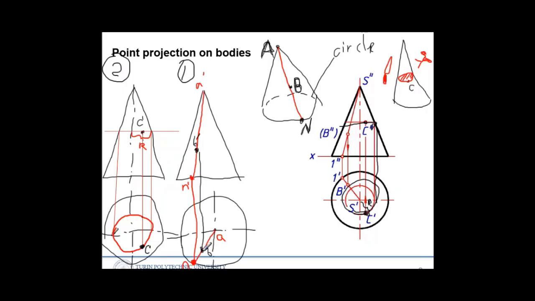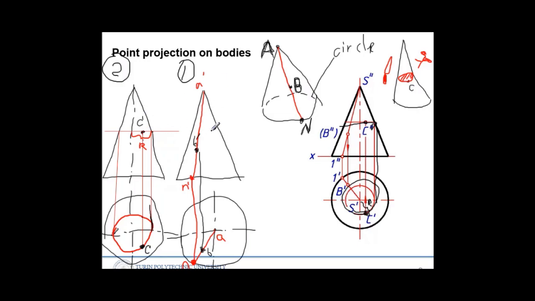So if the C point is given, just make a circle, and this edge of the circle is here, right? So make a line, and then C point can be translated or projected to the surface. Same like S dash point.